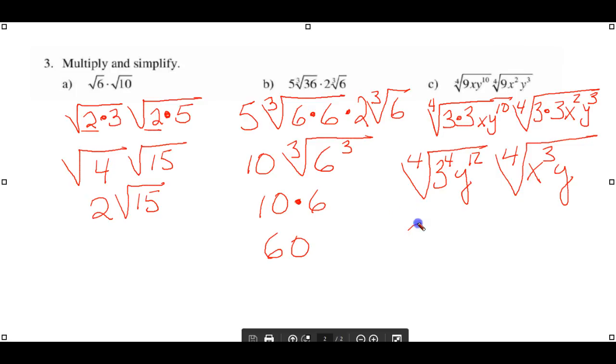So this becomes 3 when I take the fourth root. Divide the 12 by 4, I get y to the 3rd, and then the fourth root of x to the 3rd y. And there is the strategy, the protocol, to get our answer.